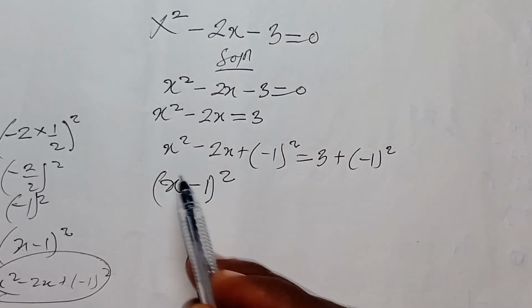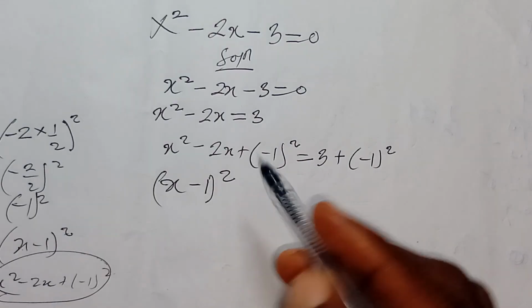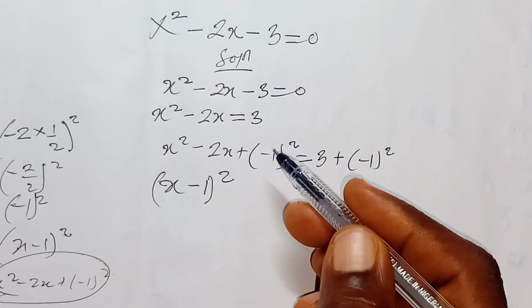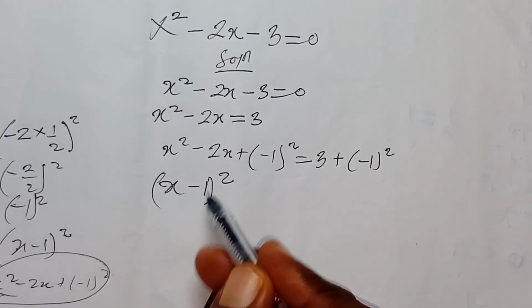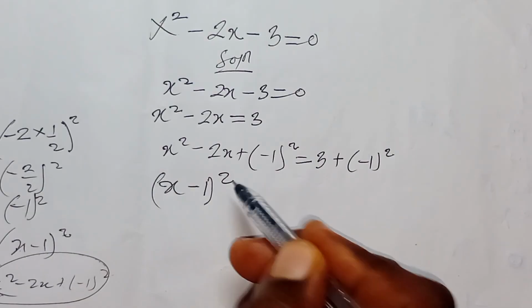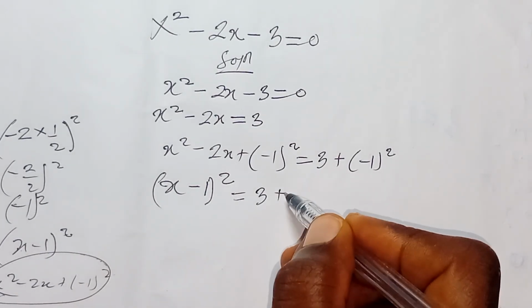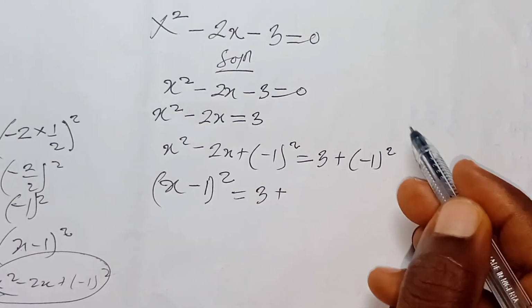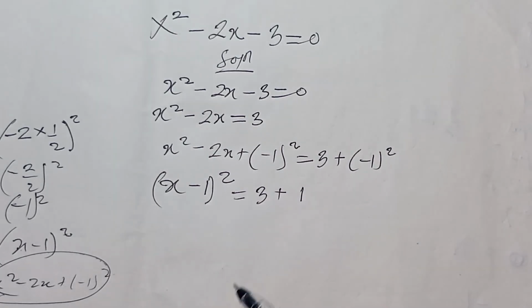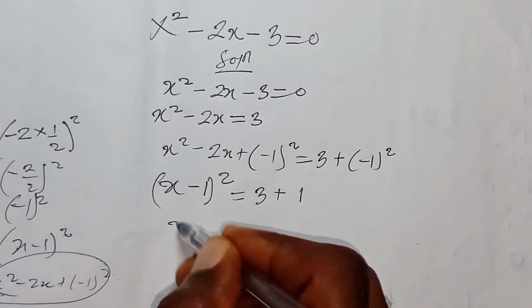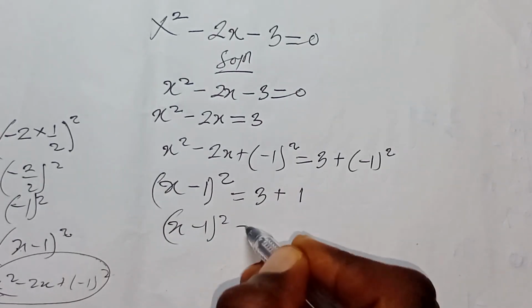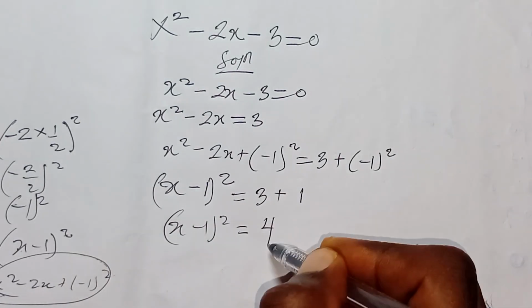So it means x squared minus 2x plus minus 1 squared will be x minus 1 all exponent 2, right? Is equal to 3 plus minus 1 squared, which is 1. So it means we have x minus 1 all exponent 2 is equal to 4.